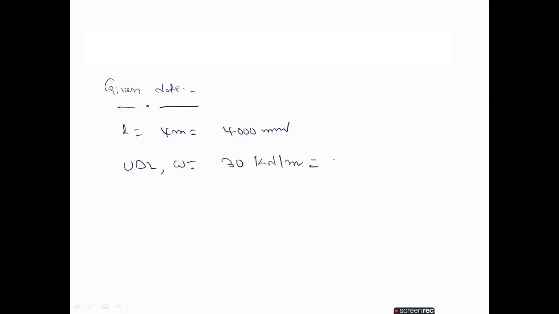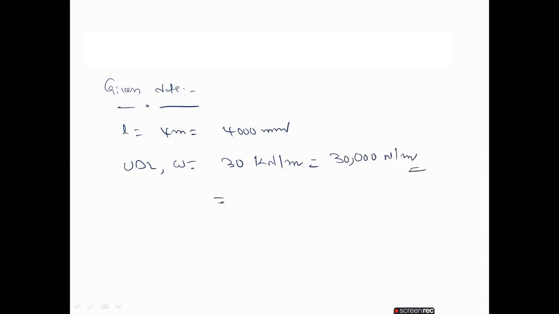Now I will write the given data. The given data is L equal to 4 meters, that is nothing but 4000 mm, and uniformly distributed load W equal to 30 kilonewton per meter. If I convert into Newton per meter, that is 30,000 Newton per meter.